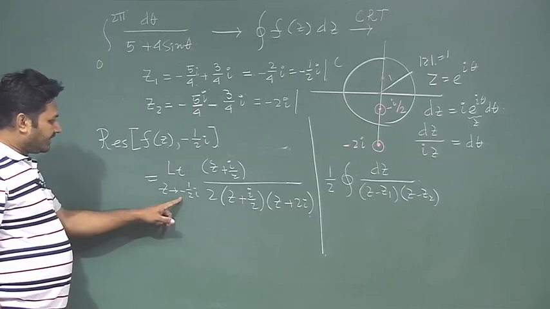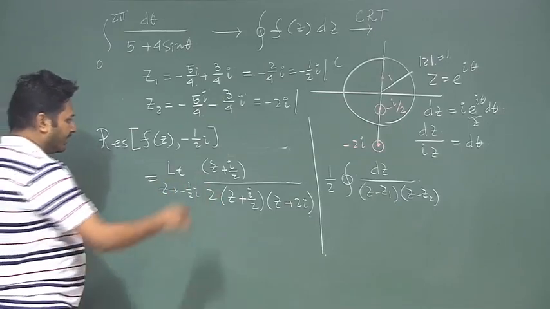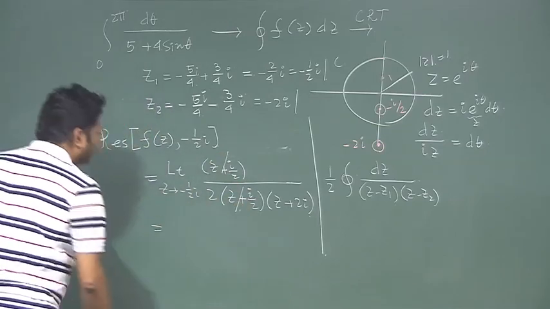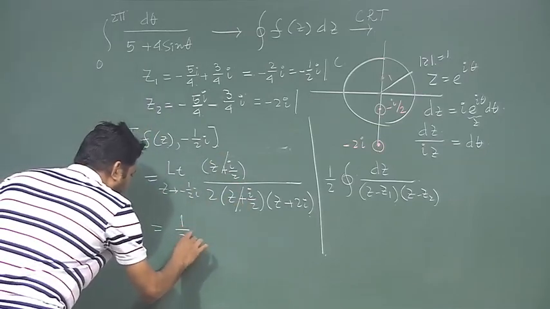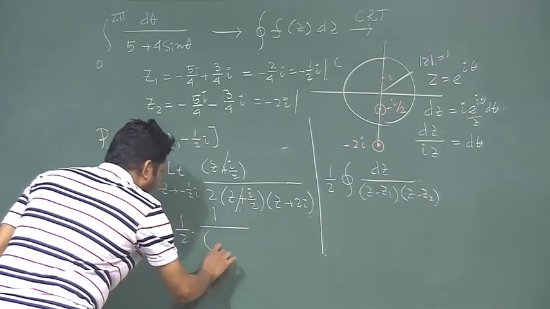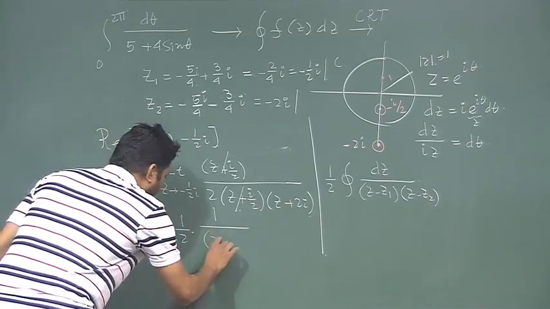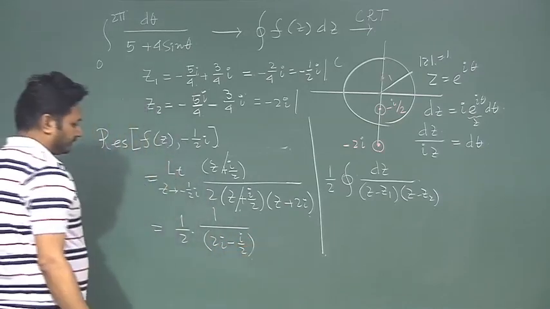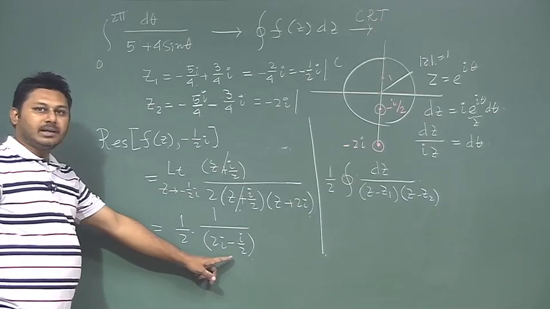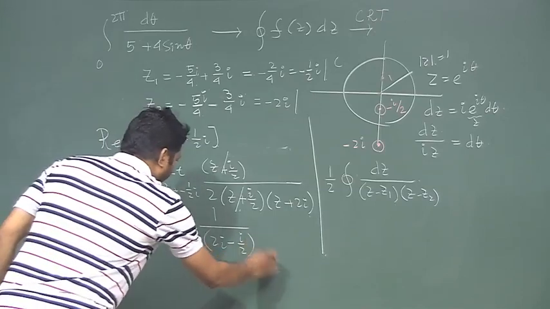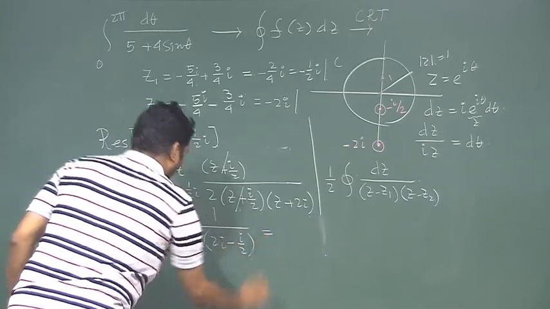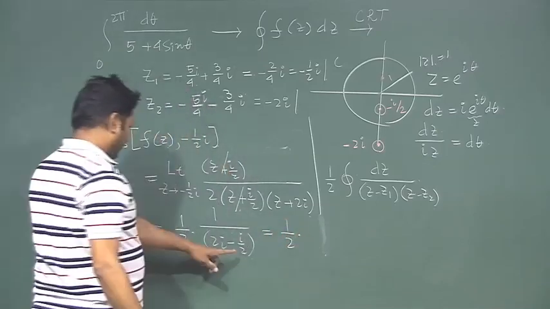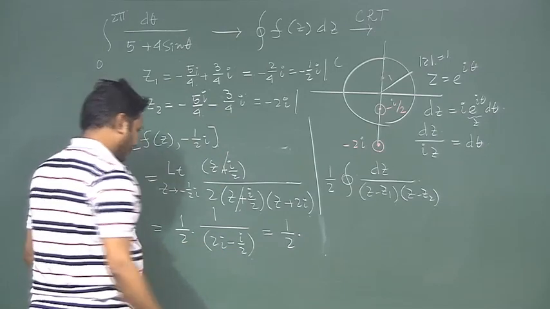So, at this point, if I calculate, it will cancel. If I put in the function, it will be just half, 1 divided by, in place of z I just put, so 2 I minus I by 2. So, 2 I minus I by 2 is here, it is half, 2 to 4, so 3.